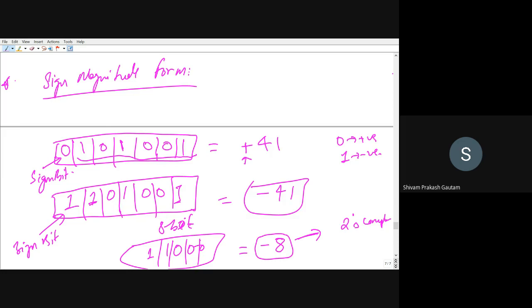Other than this, any doubt? So the same thing, like if we remove that 1, that was 41, right? And instead of 41, if I want to represent -9, so we will be removing that 1, 2, 3, 4, 5, the 7th bit.